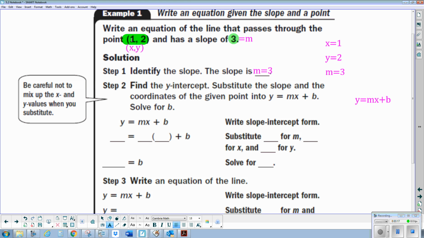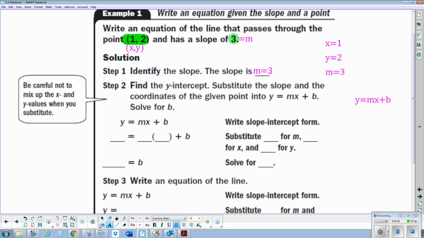But here, our x coordinate is not 0, it's 1. So we need to do a little bit of work to find the y-intercept. To find the y-intercept, substitute the slope and the coordinates of the given point into the equation y equals mx plus b, and then solve for b.